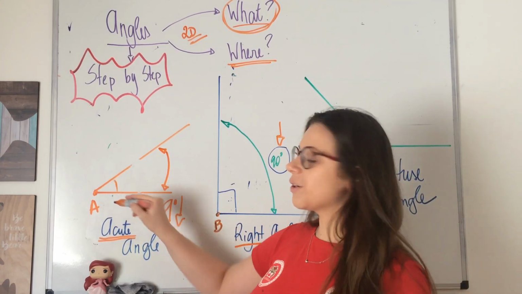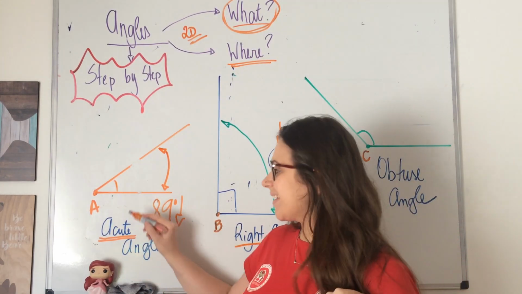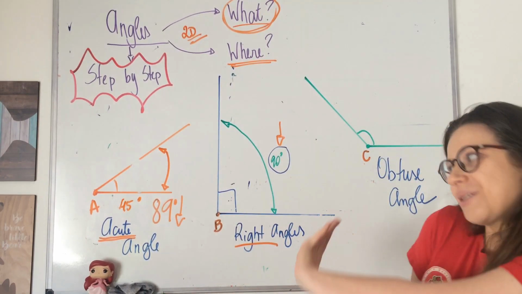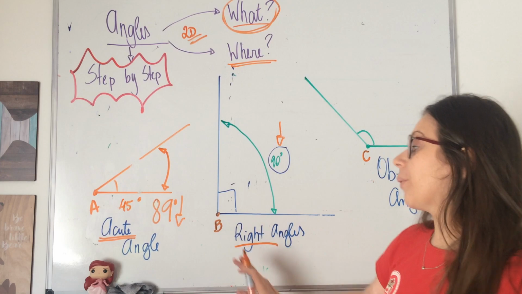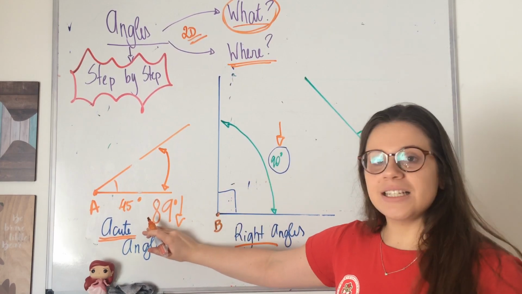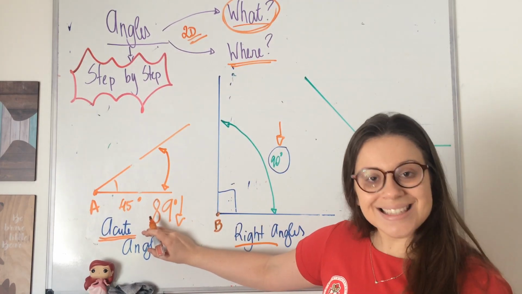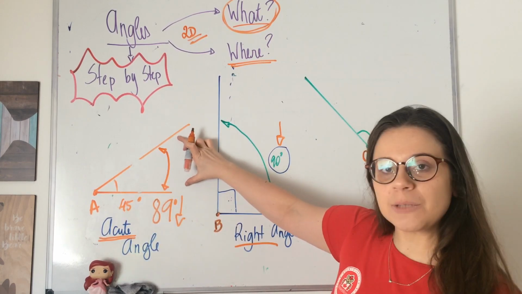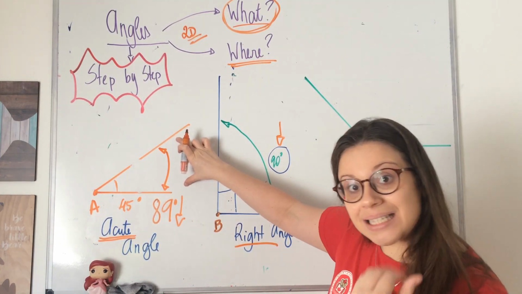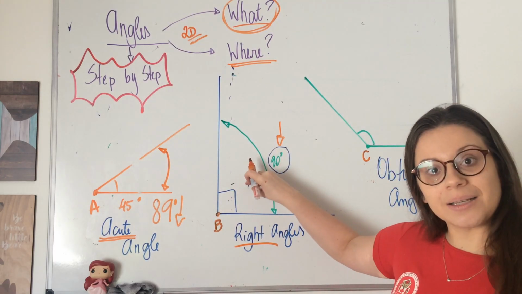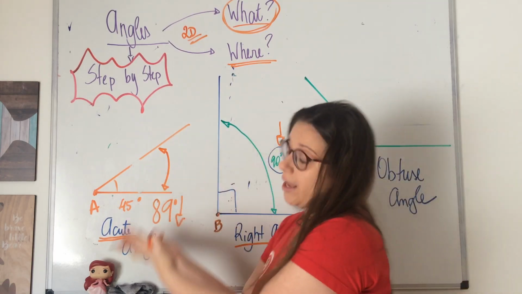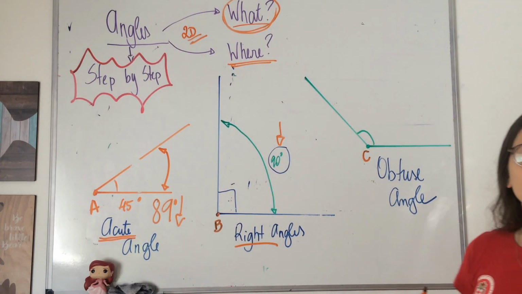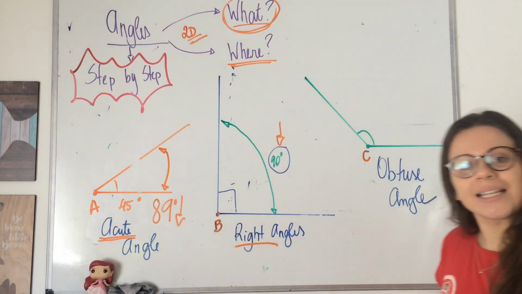89 degrees or less is an acute angle. This one we are going to measure, but my guess is that we have 45 degrees here. It's my guess, we are going to measure. So, 89 degrees or less, we call it an acute angle because the distance between the lines is less than 90. If the acute angle is less than 90, the obtuse angle is going to be more than 90.